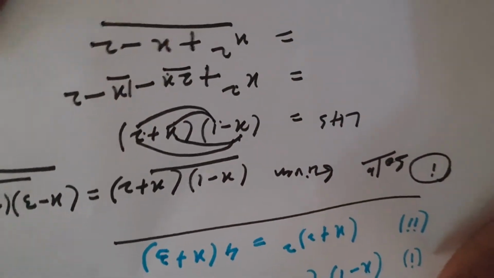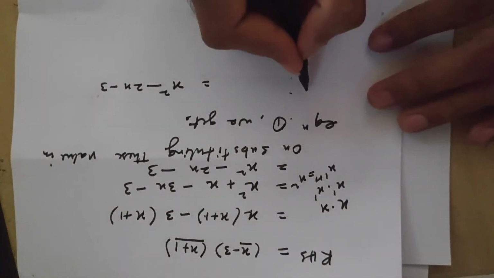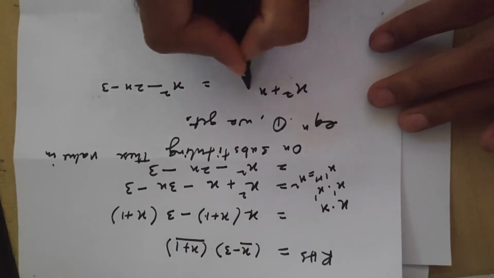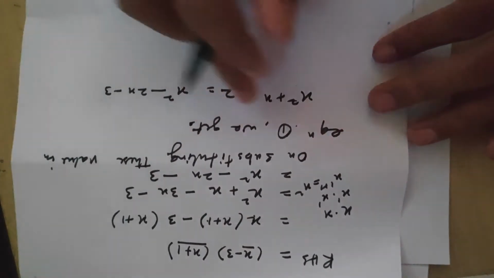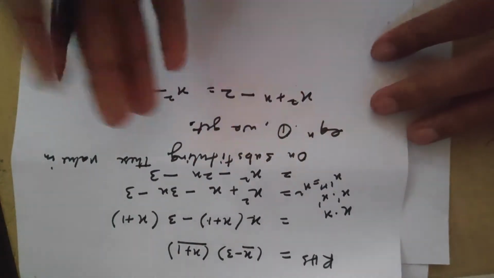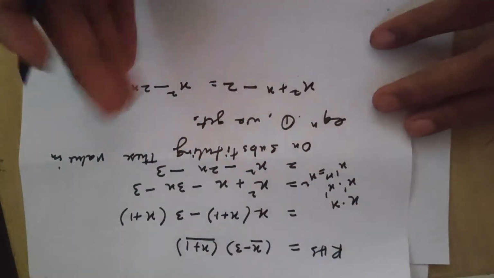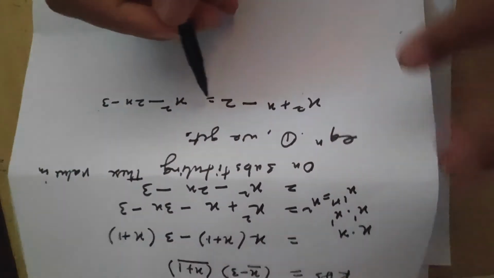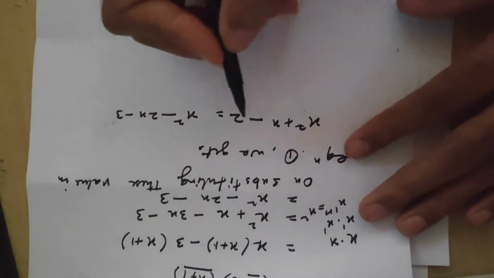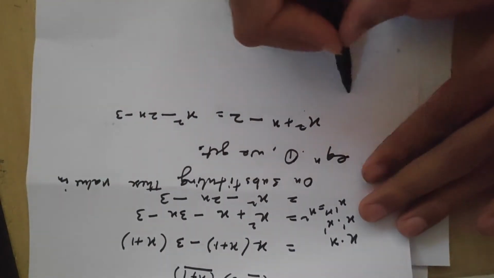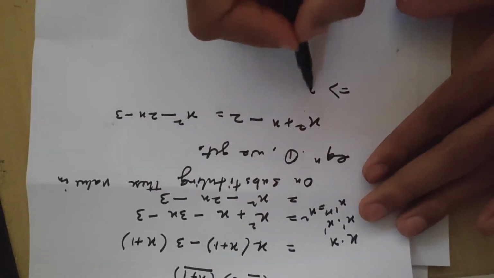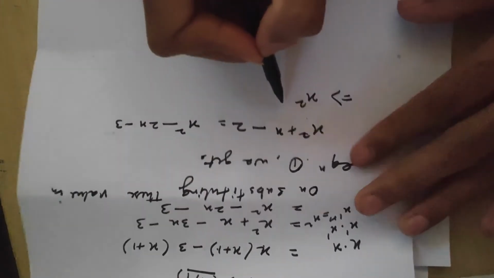this left hand side, okay, x square plus x minus 2. So these both are equal now, and we'll transpose here and there because all are positive and negative only. So I'm going to transpose this side, x already here, I'm going to bring it this side.